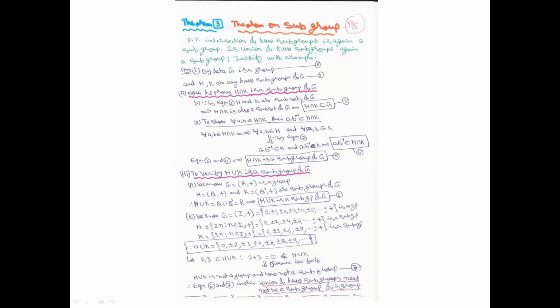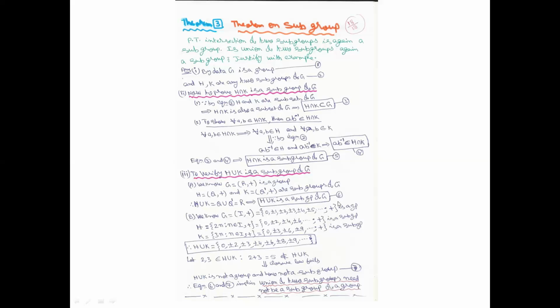No. That means the closure law fails. Closure law does not hold good. Since the closure law does not hold, there is no need to proceed further. We can conclude that H union K is not a group and hence it is not a subgroup.